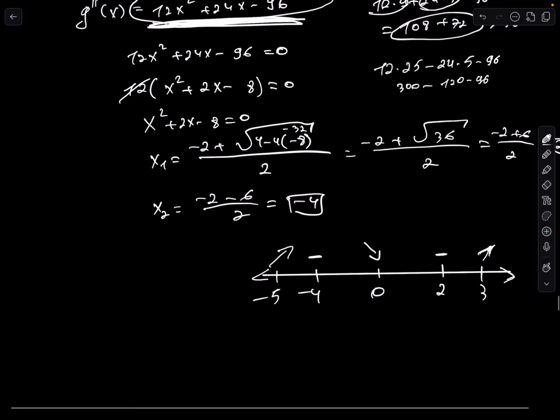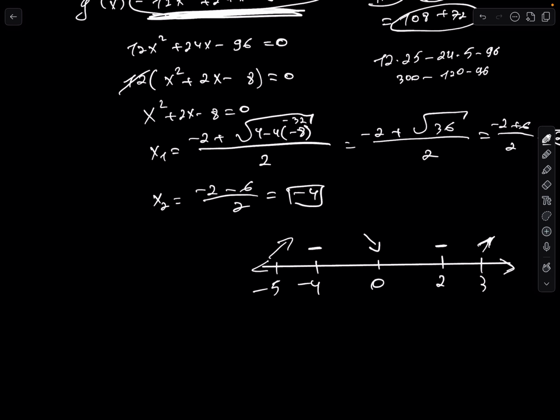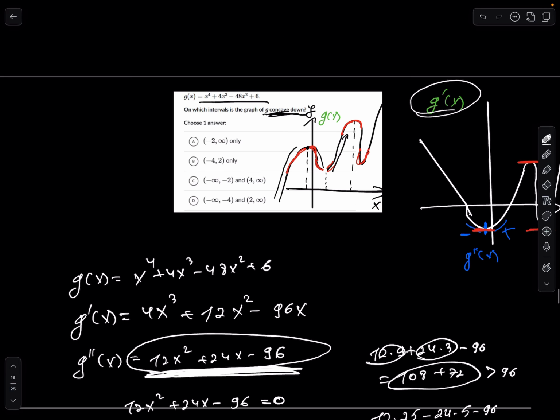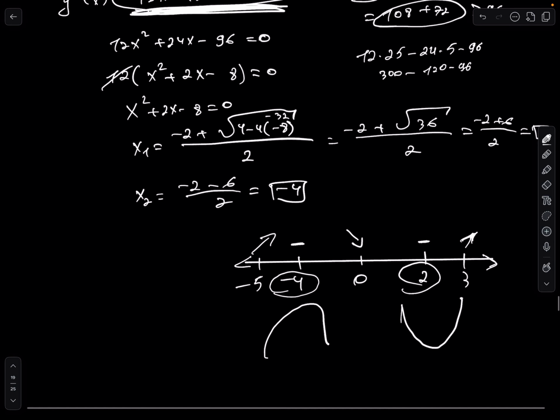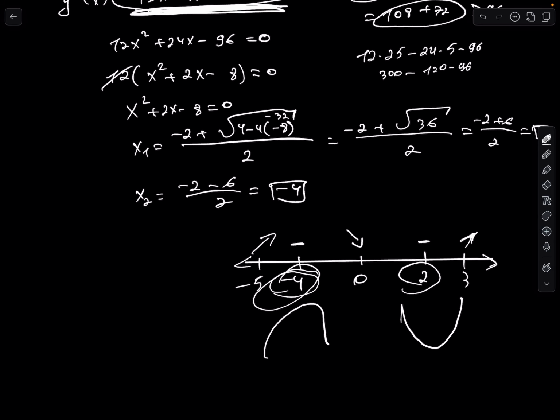Now, remember that here we have concave down, and here we have concave up. Depending on the question, the answer is going to be either -4 or 2. The question is concave down, so the answer should be -4.